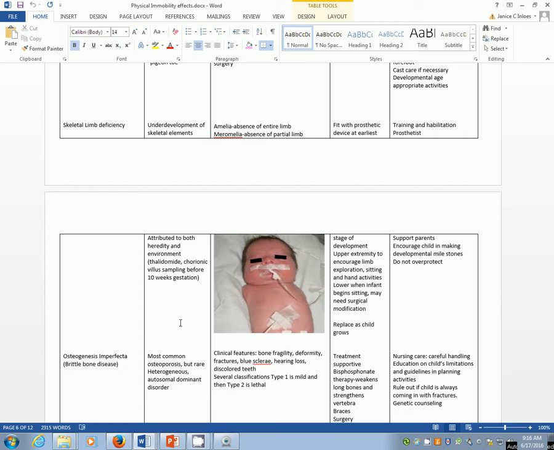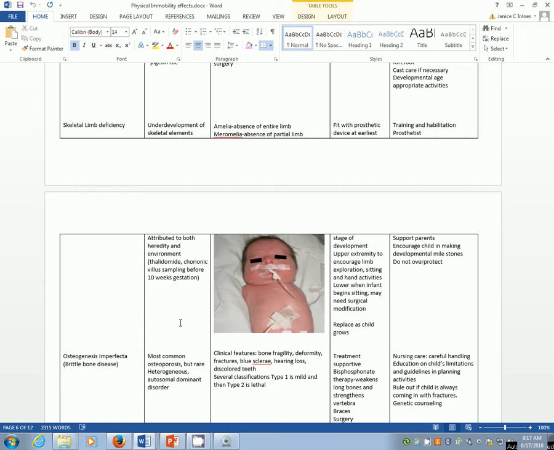Some of the care that we're going to have to work with these children is training and rehabilitation, treating them, trying to have them learn how to use their prosthesis. They're going to be seeing their prosthetic person often. Parents are going to be very devastated, especially if they feel like it's something that they've done.